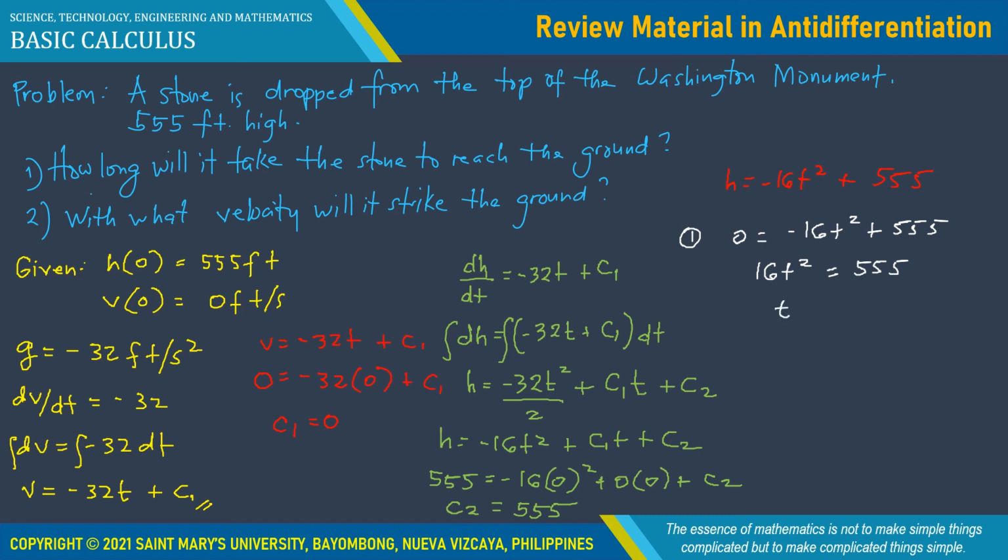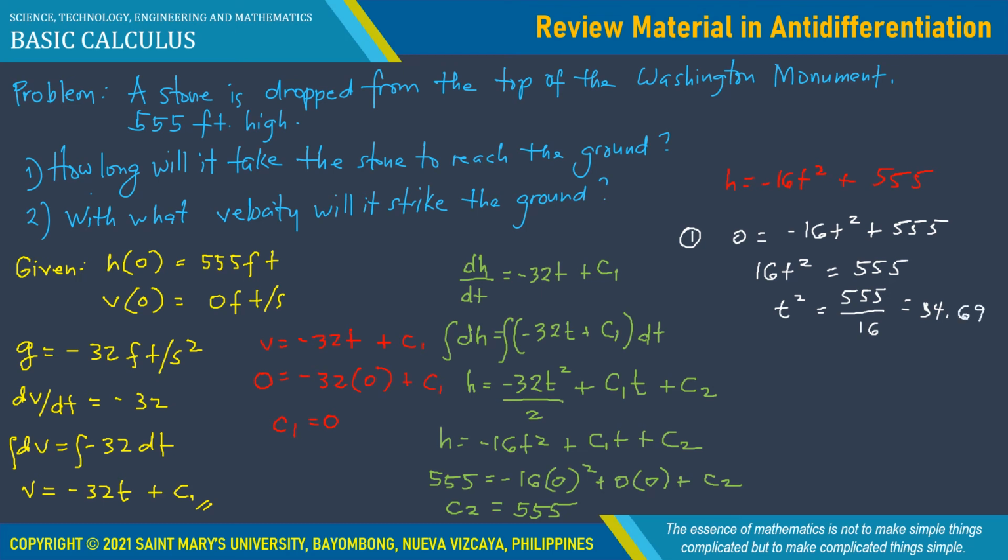That will be t squared is equal to 555 over 16, which is equal to what? We take my calculator. 555 divided by 16 is equal to 34.6875 or 69.